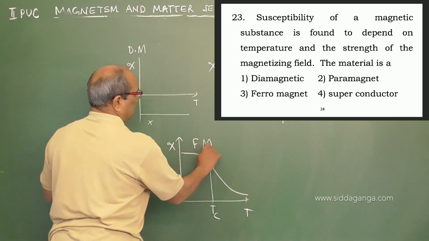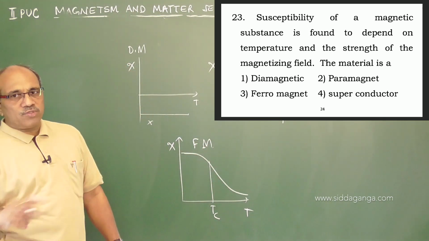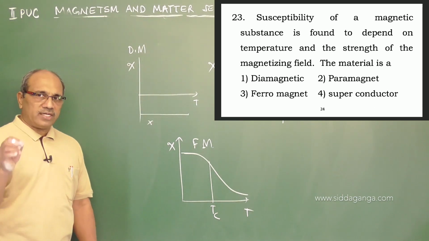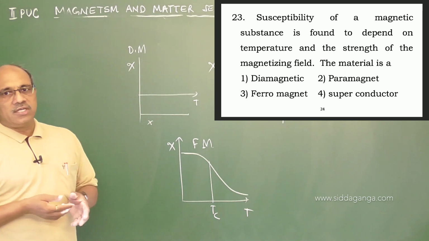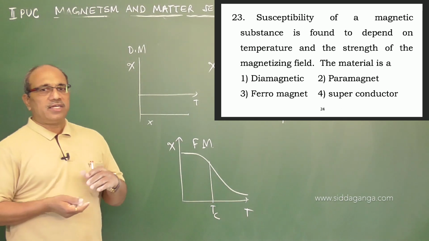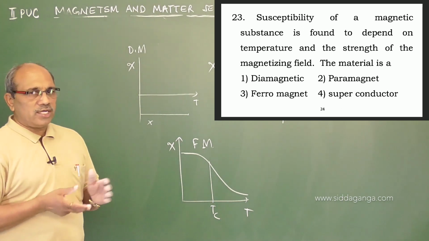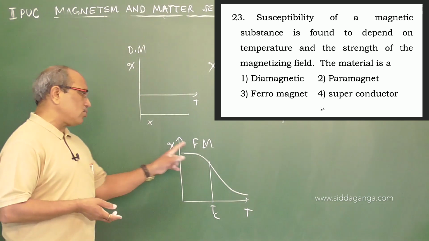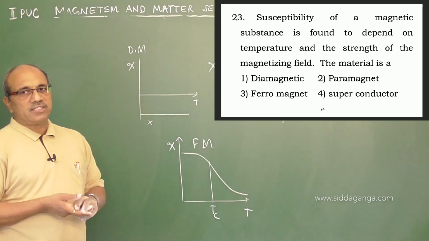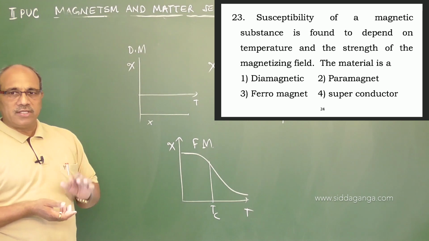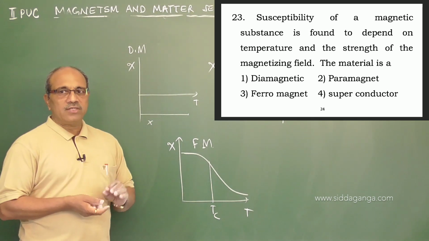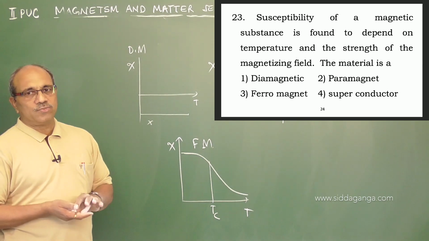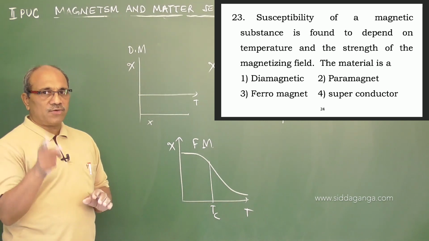So both responses are possible for a ferromagnetic substance, and hence we call the material a ferromagnetic one. Susceptibility changes with the temperature as well as the strength of the magnetizing field. I lags H in the case of ferromagnetic. Susceptibility also varies with the temperature. Both responses are high in the case of ferromagnetic substance. Therefore, the best option is the ferromagnetic one. A superconductor completely becomes diamagnetic. Perfect diamagnetism is called a superconductor. Therefore, the option is the third one.